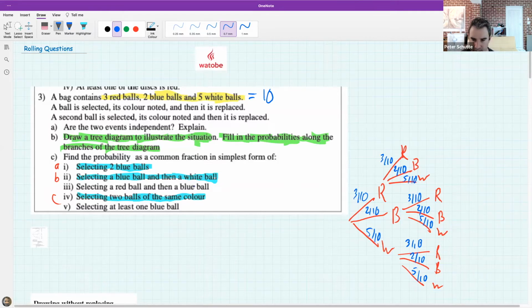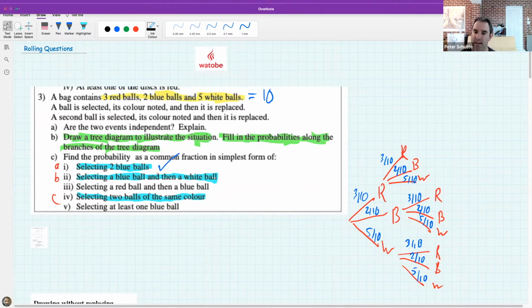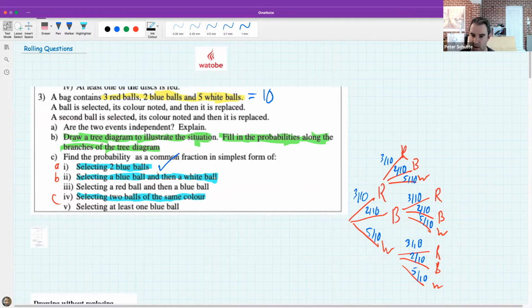What is the probability of selecting 2 blue balls? If you look at this question, what is the probability of selecting those two blue balls? Which branch of the tree is going to show you 2 blue balls?